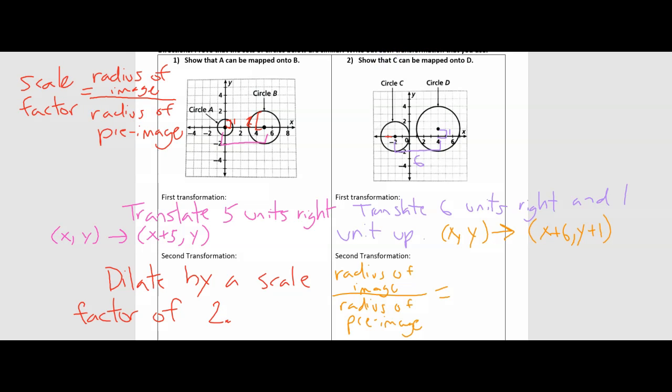Radius of the image is 3. Radius of the pre-image is 2, so we get 3 halves. So we would say dilate by a scale factor of 3 halves, or 1.5.